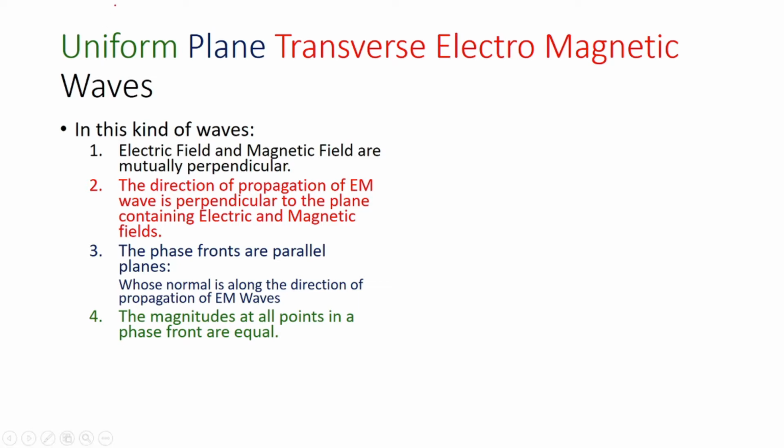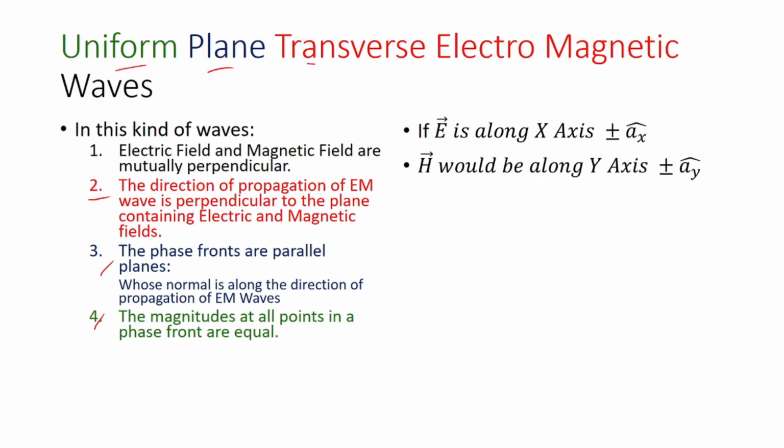Please note that every point is color coded according to the reason of their existence. If I assume that electric field intensity is along a_x cap, then the magnetic field intensity can either be along a_y cap or a_z cap, but let me say that it is along a_y cap. If it is along a_y cap, then from the nature of transverse electromagnetic wave, the wave propagation would be along plus or minus a_z cap.